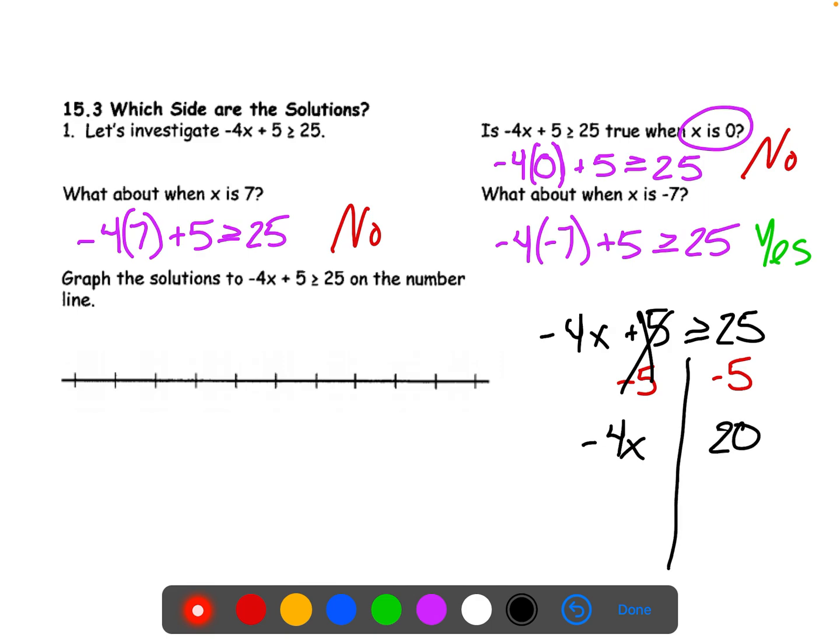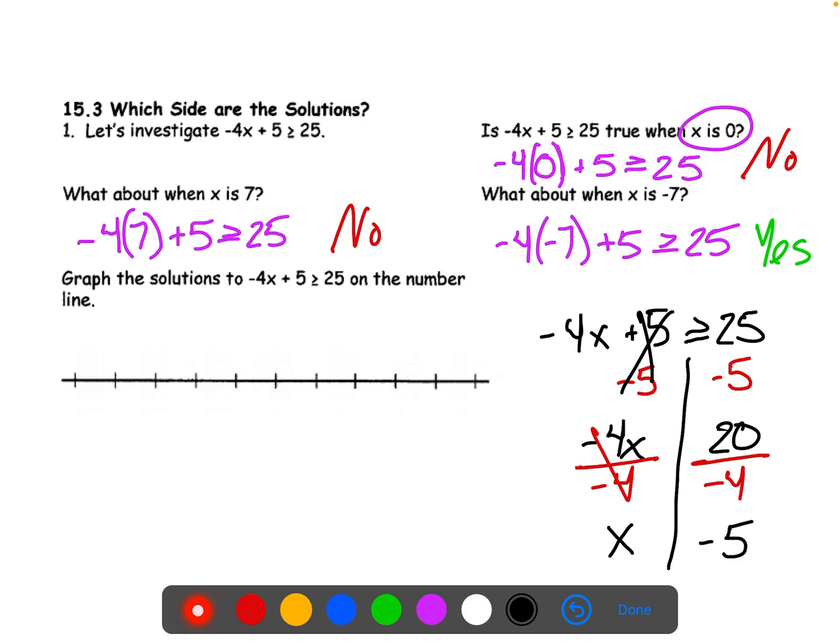So I've got my two sides of my inequality here. Now, I don't want to be multiplying by negative 4 times x, so I'm going to inverse divide by negative 4, and then do the balance on this side. Since negative 4 divided by negative 4 is 1, we have 1x left over, and 20 divided by negative 4 is negative 5.